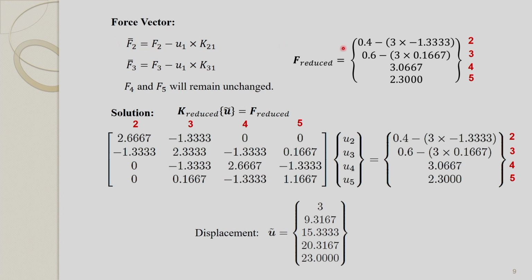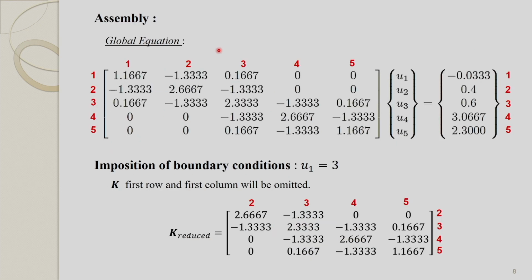So, F2 minus K21 into U1. For K21, the first index corresponds to the row I am considering, and the second index is which variable is prescribed, that is the first variable.